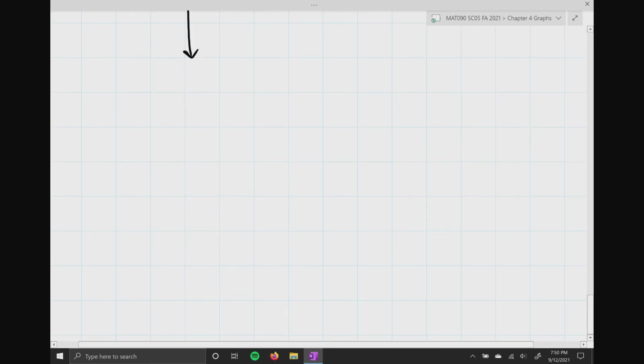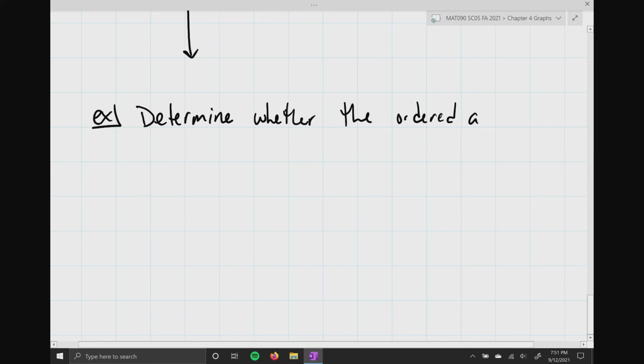So now that we have an idea, I'm just going to give us an example, and we're going to determine whether or not these ordered pairs are solutions. So here's an example. Determine whether the ordered pairs are solutions to the following equation. We're going to do two examples here.